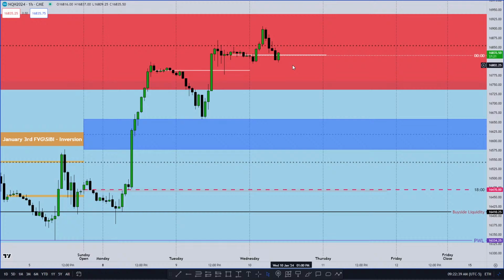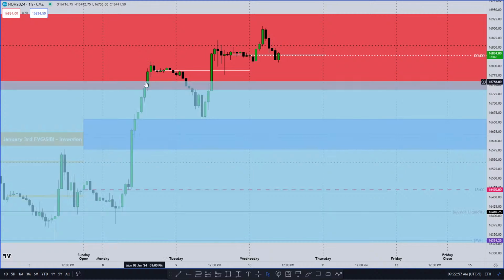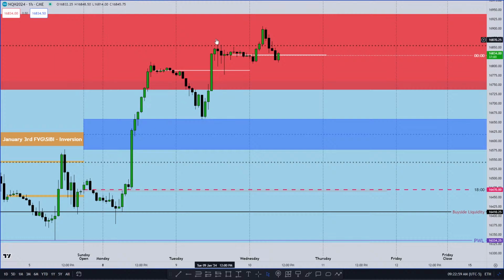The reason I say that is, if you look at these three drives higher, compared to S&P, it left those relative equal highs. But then you look at NASDAQ and it went up, came down, attacked buy side, right? So it went up, came down, and then attacked buy side.